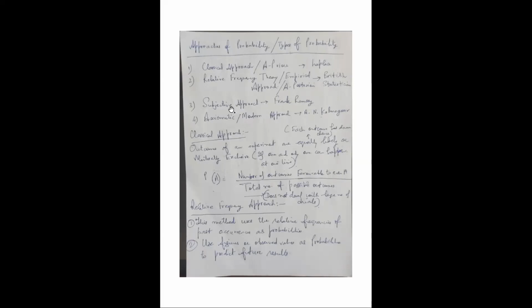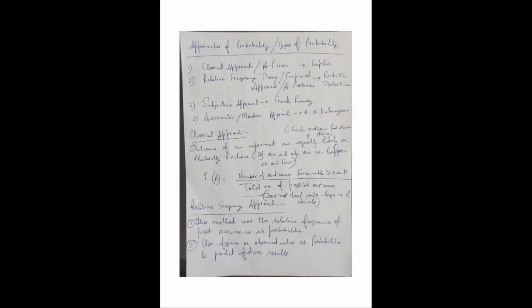Now there is a third way, which is the subjective approach. What I said for the relative frequency is that this method uses the relative frequencies of the past occurrences. Now, what is more subjective? When you have the past occurrences available with you, you can use your own brain and say, okay, this is the probability, I can vary this. You add a little bit of subjectivity into your decision making.